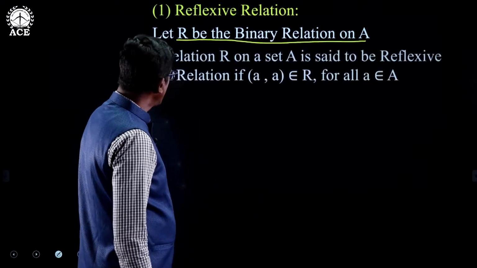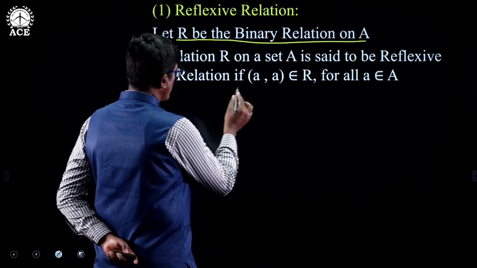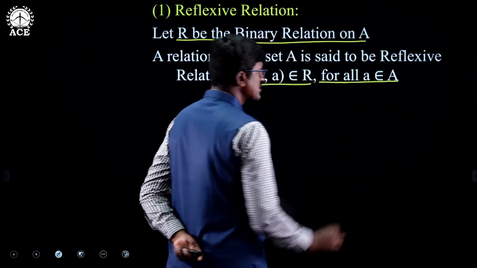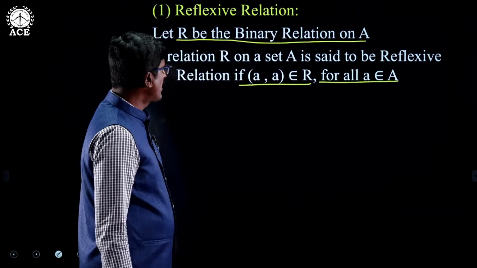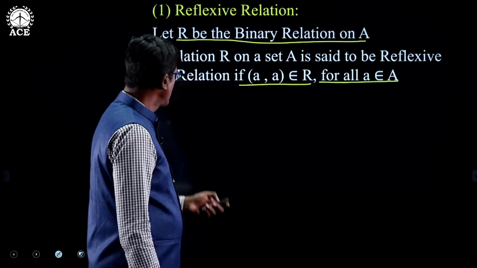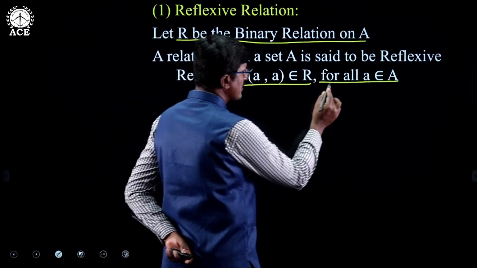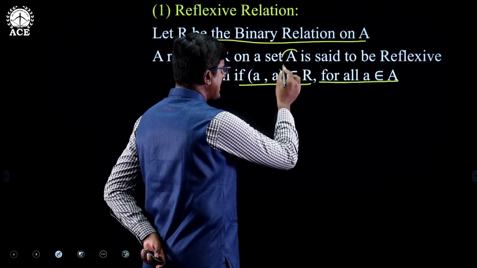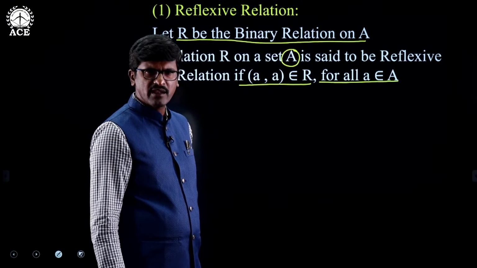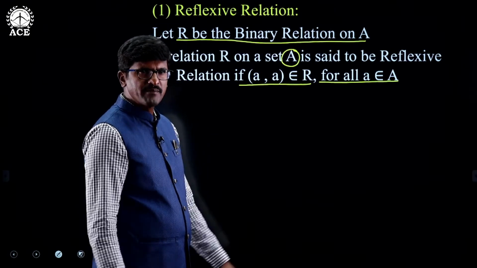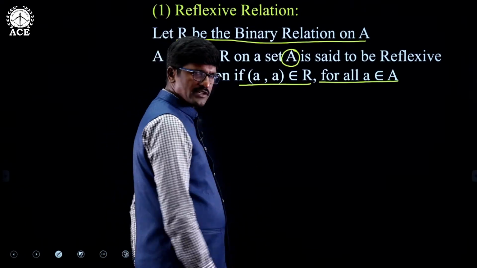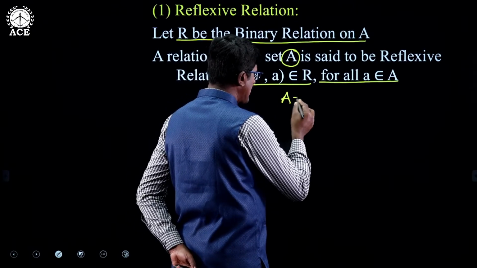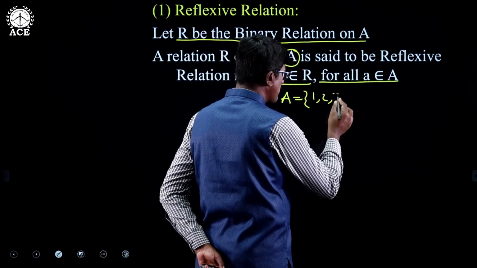Now the reflexive relation says that (a, a) belongs to R for all a belongs to A. That means the relation R on set A is said to be reflexive if (a, a) belongs to R for all a belongs to A. That means in the set A, if you take any element a, then there must be a mapping from a to a itself. For example, I am taking the set A equal to {1, 2, 3}.